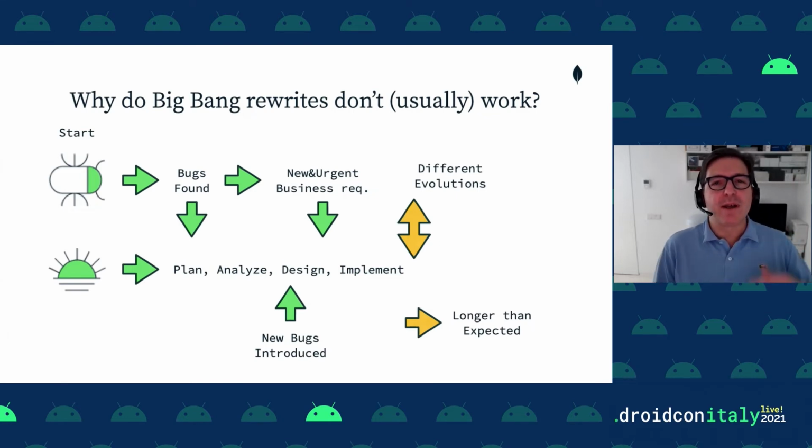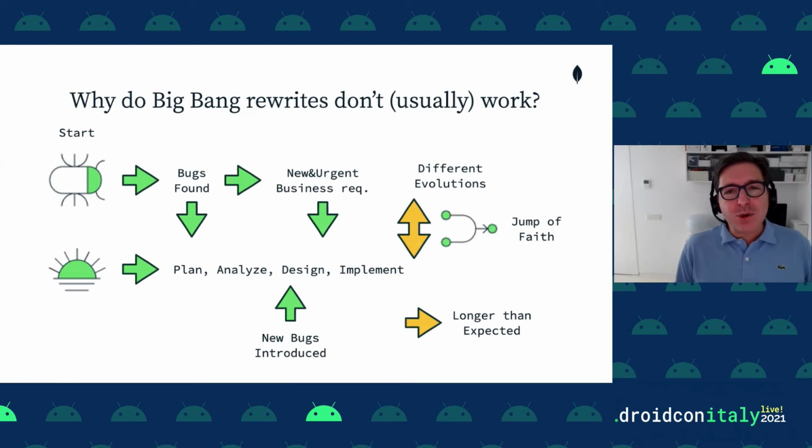I have not seen an example, so far, where it took less to rewrite the application from scratch. But if you know any, please let me know, because I will be glad to share it with other people in future talks. And once you have everything ready, you have to take a leap of faith.